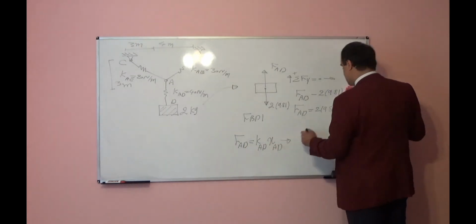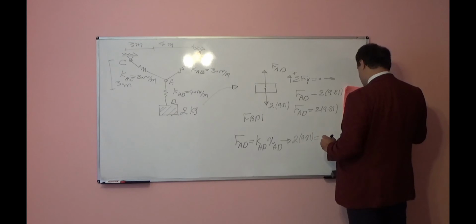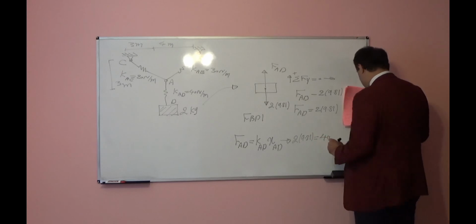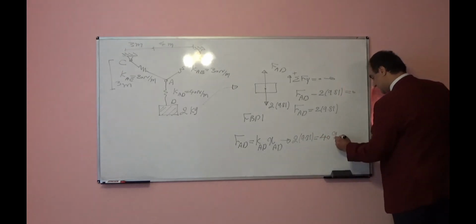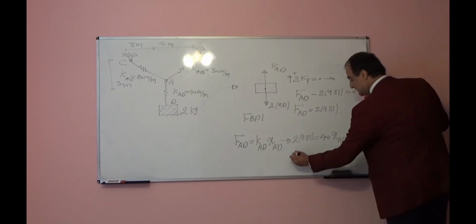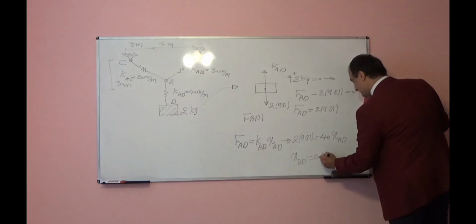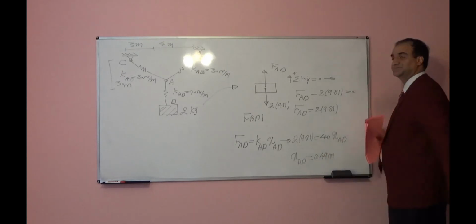From here the force is 2 times 9.81, and the stiffness for that spring is 40, it is given. So X AD, the deformation or elongation for that spring, will be equal to 0.49 meter.